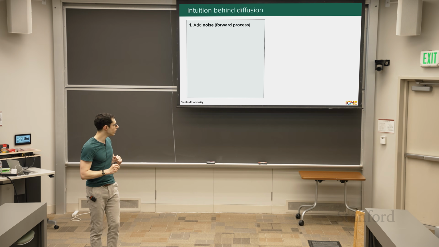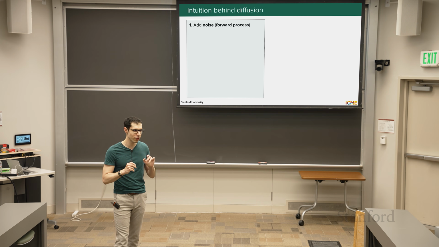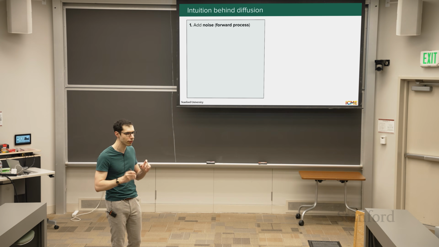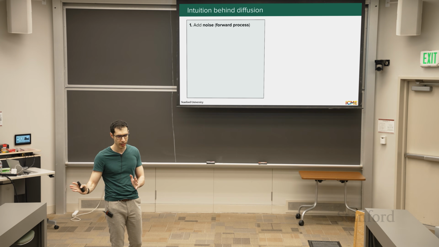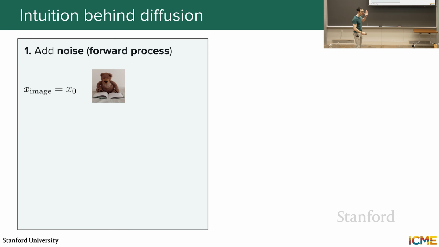So in that regard, we have two processes that have a very particular name. The first one is called the forward process. That amounts to taking an image from your training set, and you are actually corrupting that image. You're adding some noise.